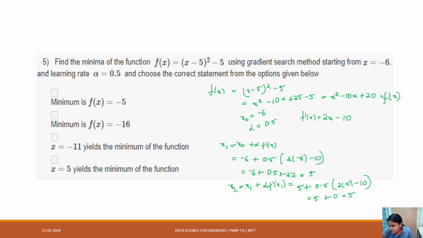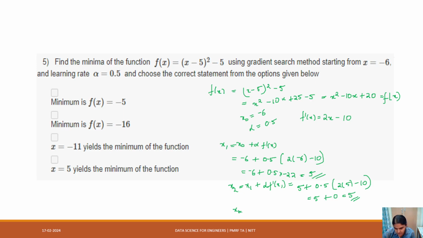Okay, so it's like all iterations. The first iteration gave you the value as 5, the second iteration gave you again 5. So you can say that the minimum is at 5.